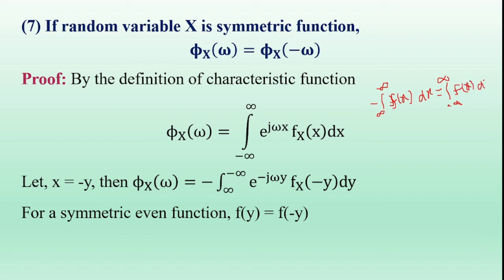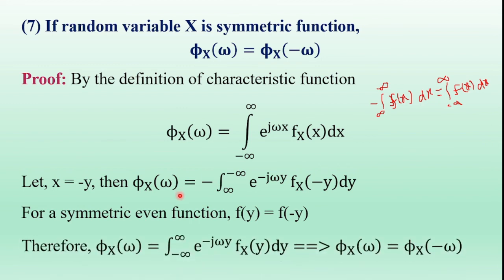So using these two conditions, the above equation is written as pi x of omega is equal to integral minus infinity to infinity e power minus j omega y into fx of y dy.